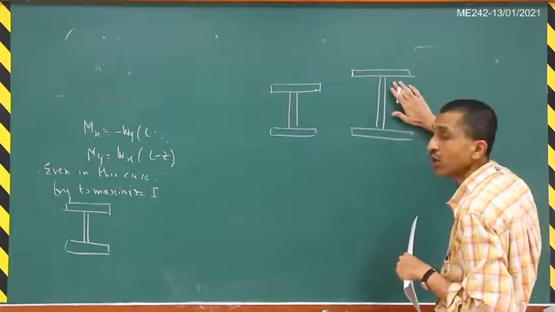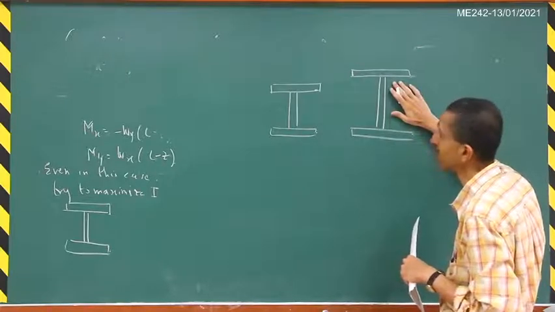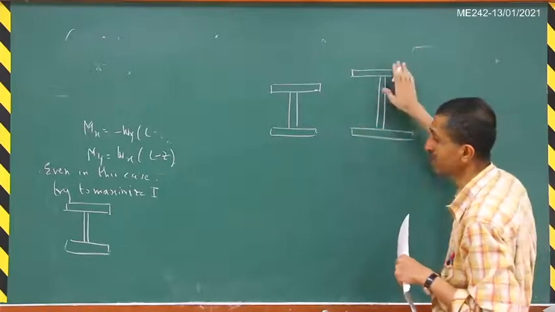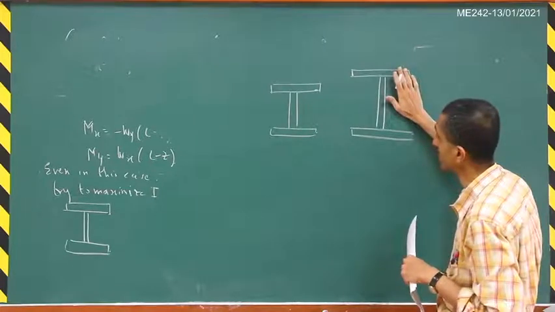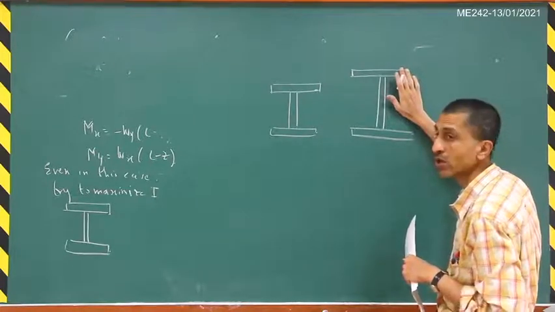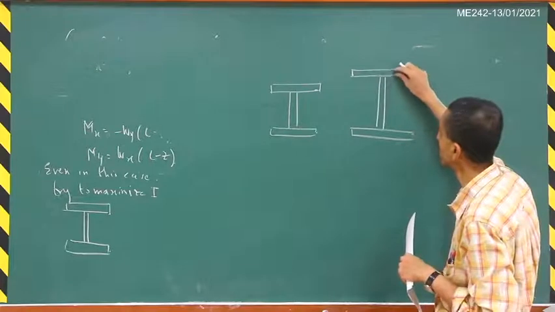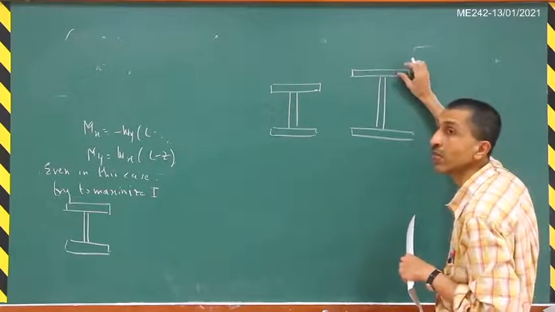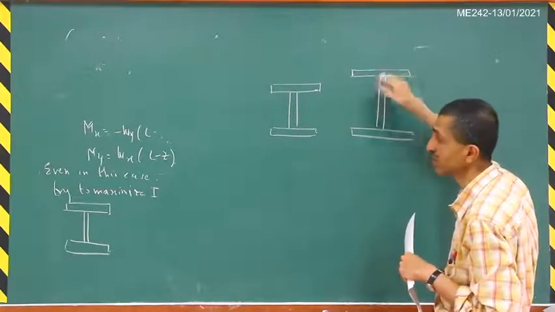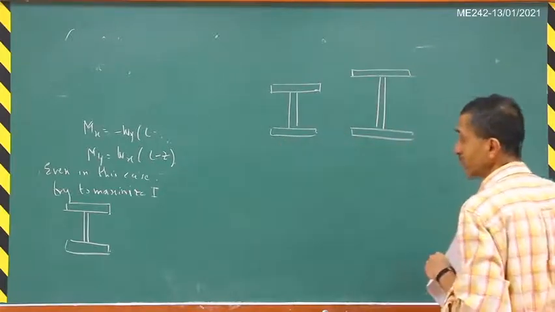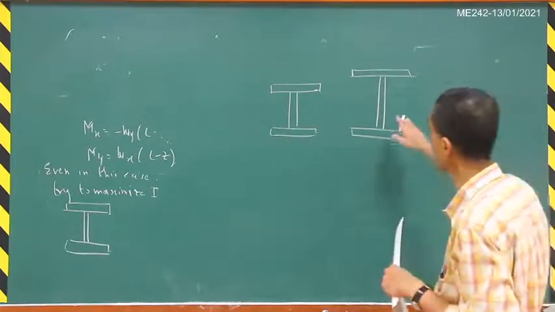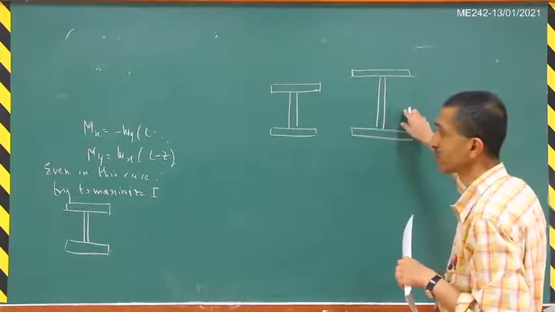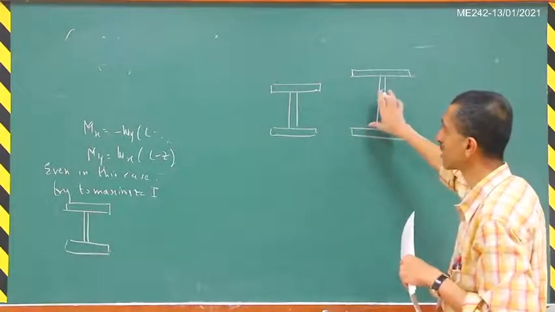But we cannot do this indefinitely. It may appear that just to maximize the I, you can keep on doing this, but that is not a good idea, because once this section becomes too thin, buckling of that section can occur. That is not accounted for when we are discussing this particular theory. So there is a limit to how much you can do.